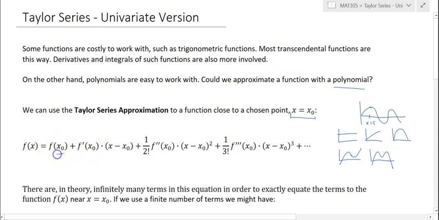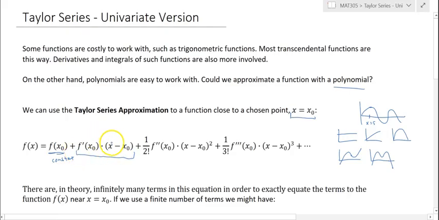Now, if you notice, this first term here is a constant, and that is going to require us to evaluate our Taylor series function at x naught, and then the next term is what we call the linear term.